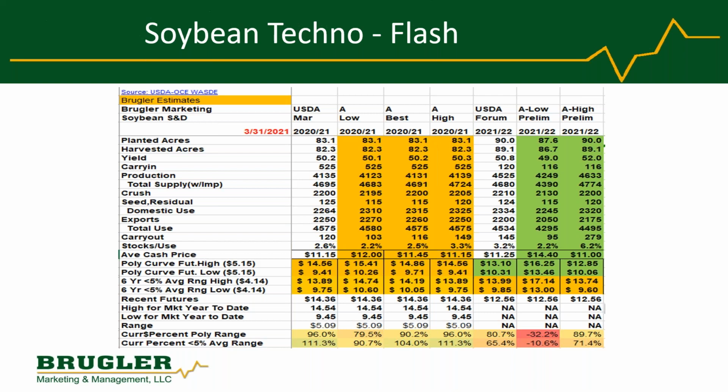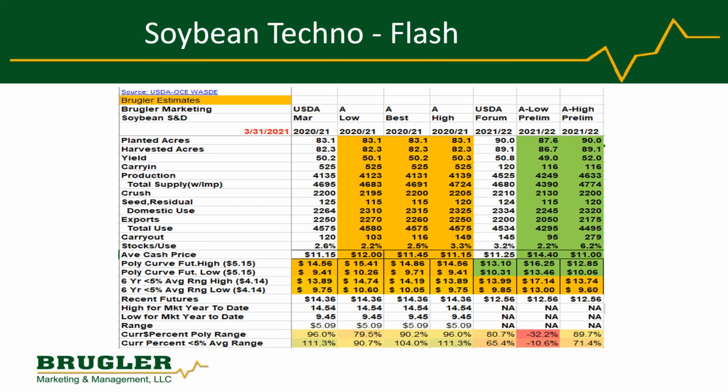We did run a different type of model. It's labeled polycurve, but what that means is we were using a polynomial equation to plot the trading ranges against the stocks usage ratios, trying to make it more adaptive to the tightness. That is, the tighter the stocks, the larger the trading range tends to be.